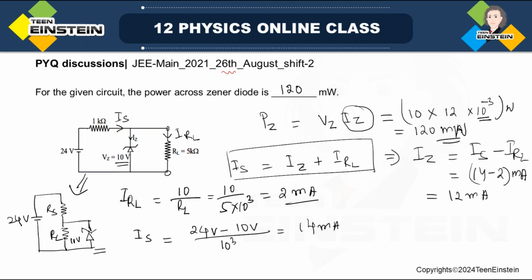You will not be specified this series resistance. You will be given this Zener diode and this RL, but you have to calculate the series resistance in the laboratory, while PZ will be given to you. That means you will be able to find the current across the Zener diode from PZ, and the Zener breakdown voltage will be given already. So that way you have to find RS. All right.